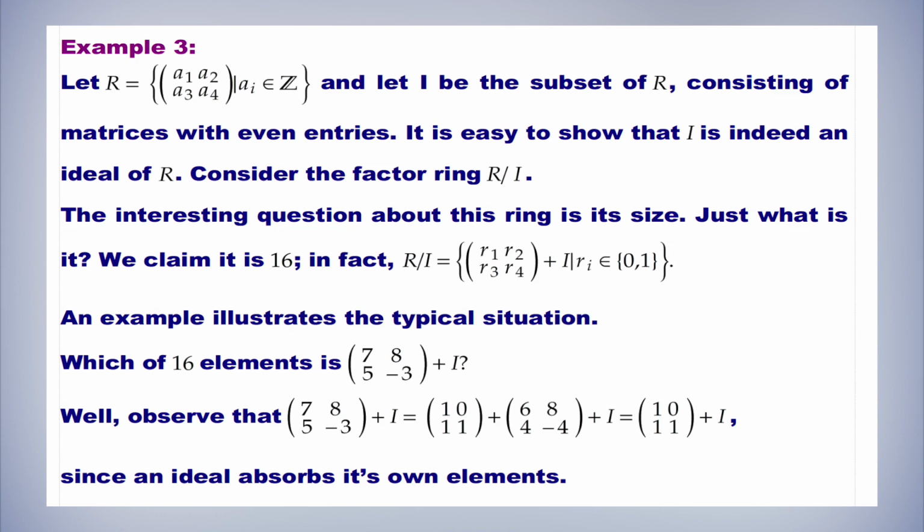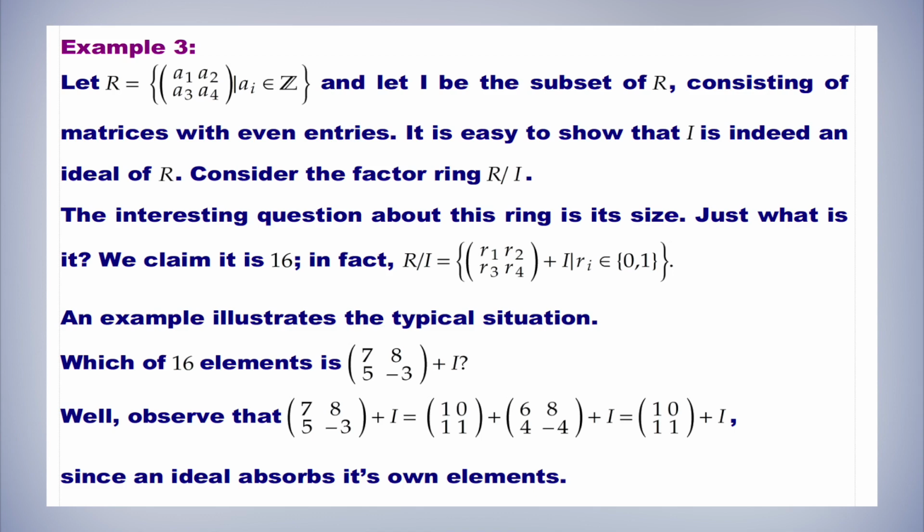In fact, R/I is equal to the set of all 2 by 2 matrices with entries r1, r2, r3, r4, plus I, such that ri belongs to the set {0, 1}.